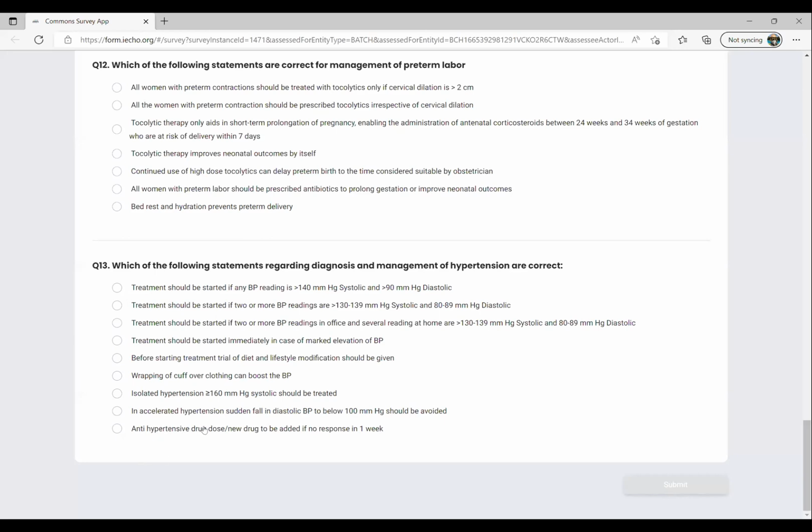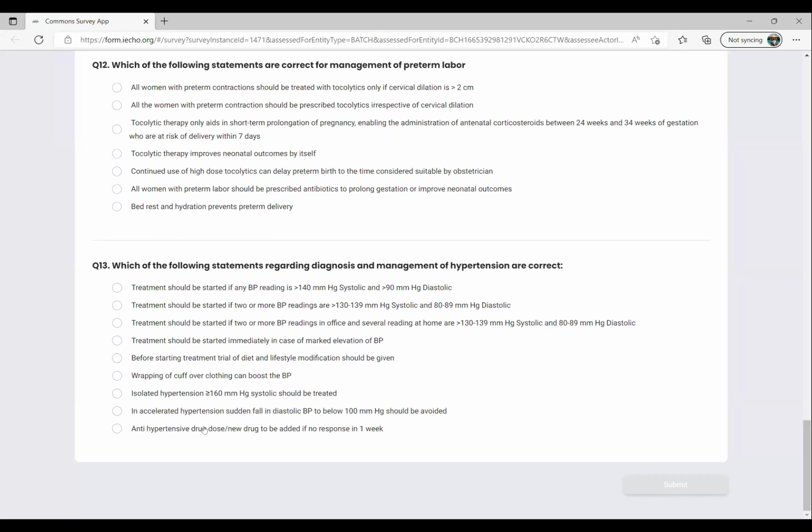antihypertensive drugs. I have seen that a patient comes to you, you have diagnosed hypertension correctly, and the dose increments are made too quickly. Within 1 week, or maybe after 2 to 3 days, the patient comes to you and you find that the blood pressure is still high. Either the dose of the antihypertensive is increased, or a new drug is added.